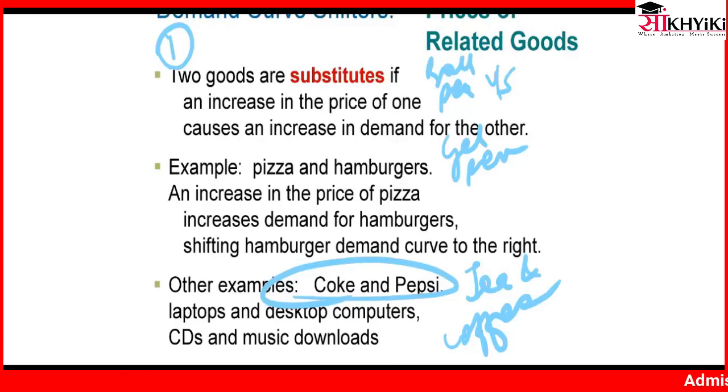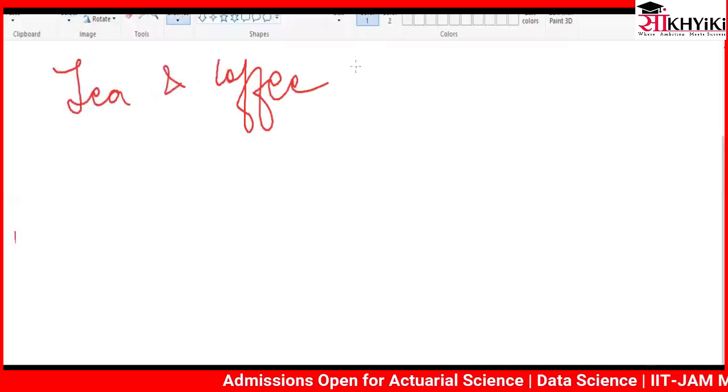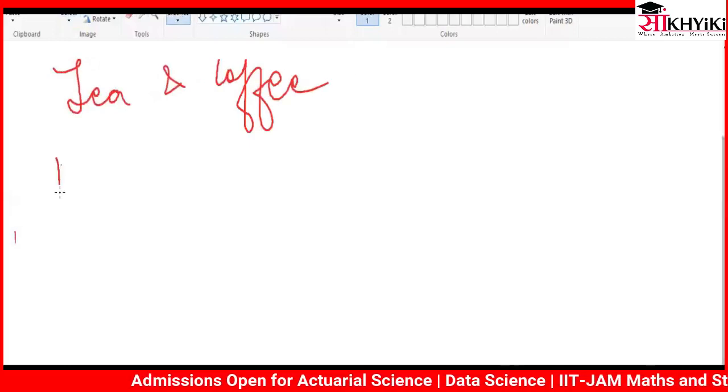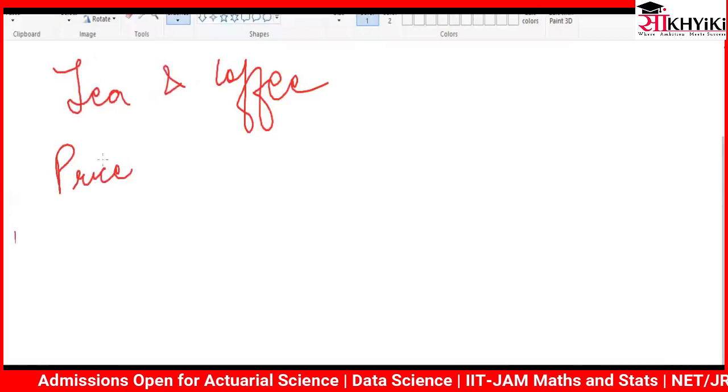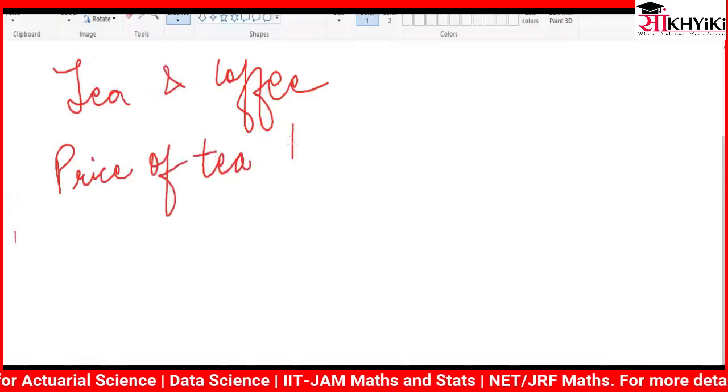So let's say that I'm talking about tea and coffee. Now, let's say that the price of tea increased.